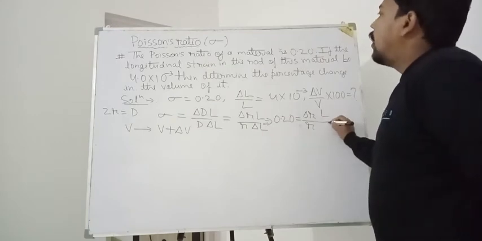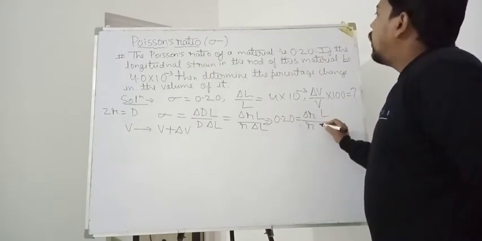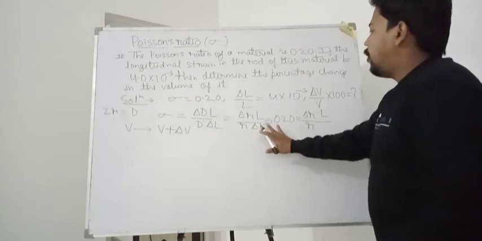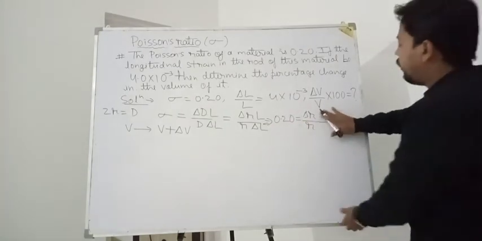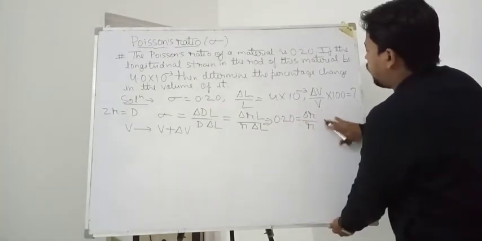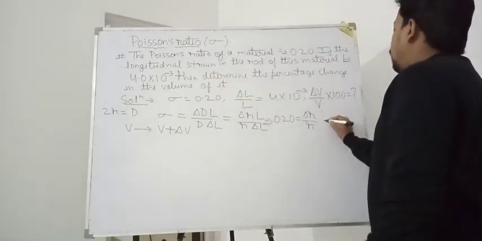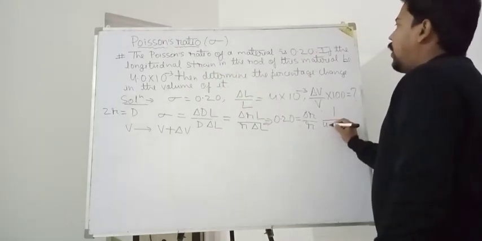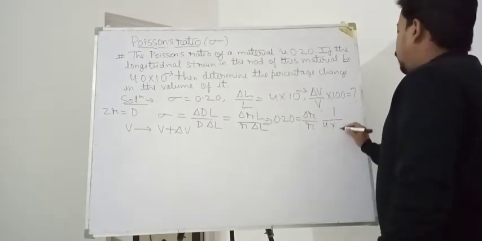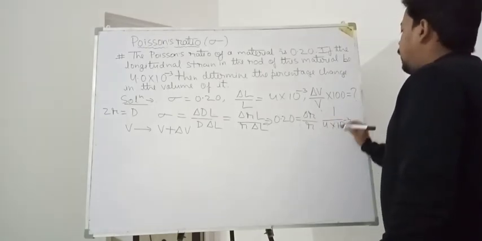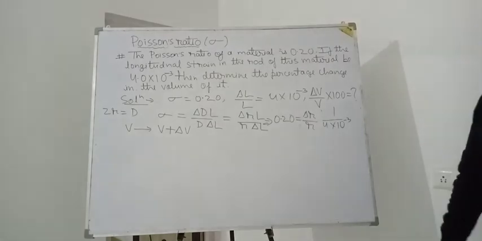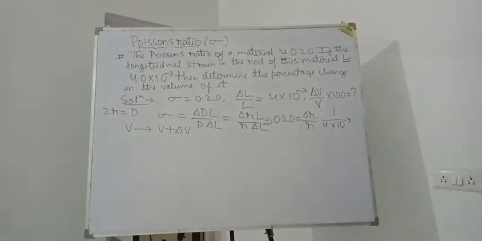Sorry, delta L upon L is given to us. That means the longitudinal strain is given to us. And how much will it be? It is equal to 4 into 10 to the power minus 3. So this value we are having.